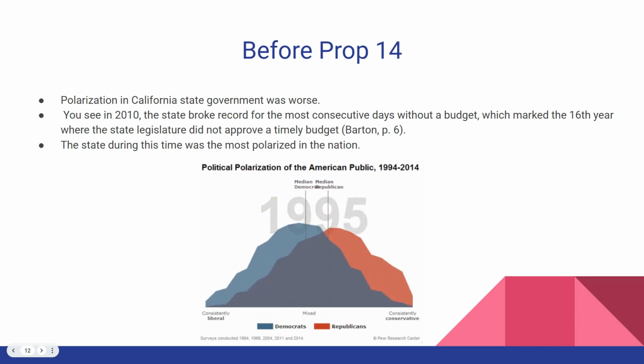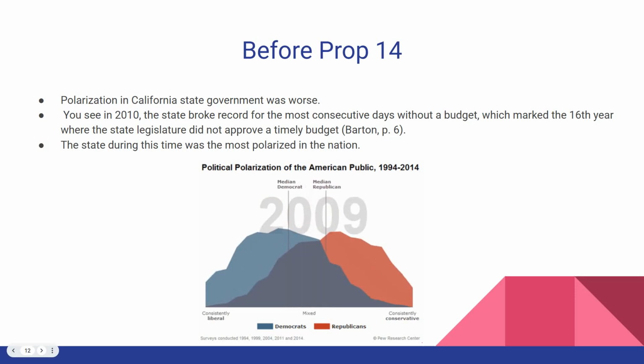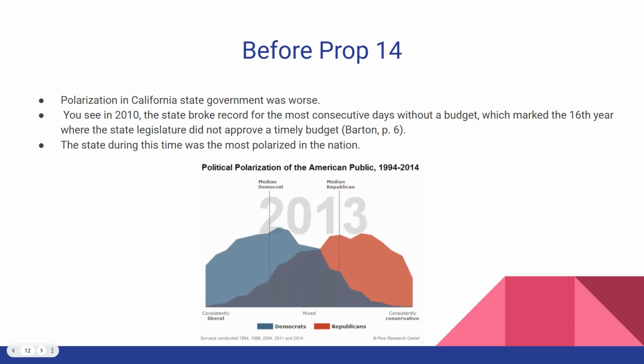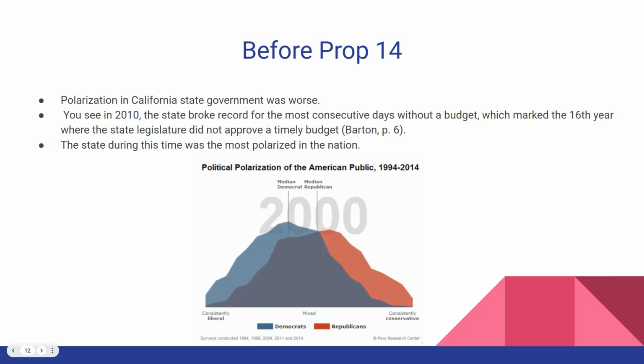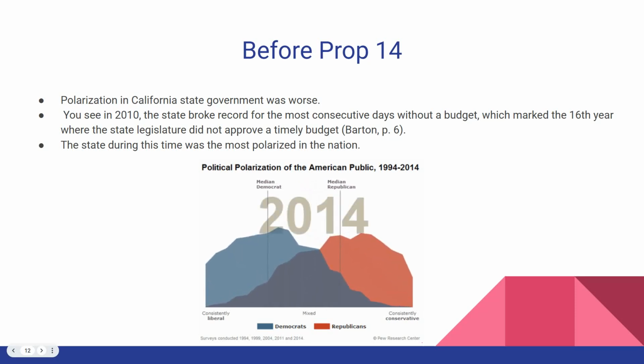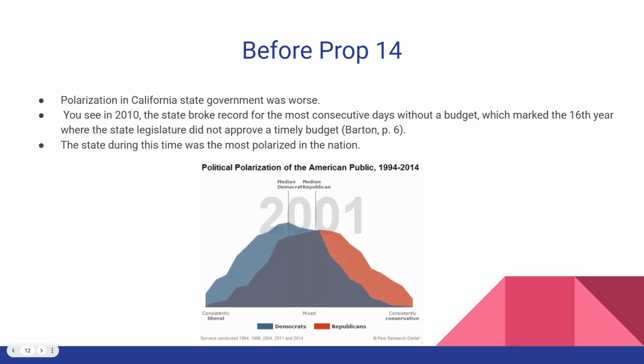This marked the 16th year where the state legislature did not approve a timely budget, and many advocates for Prop 14 used it as evidence of why we should change the primary system in California from partisan to top two primaries.